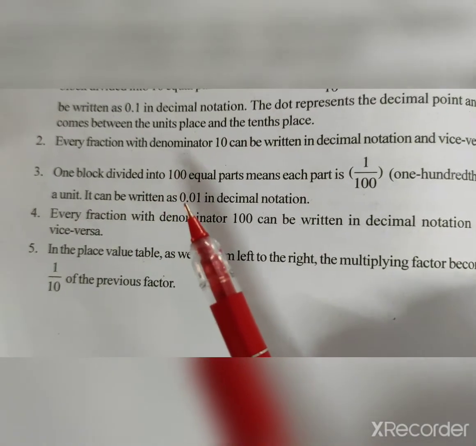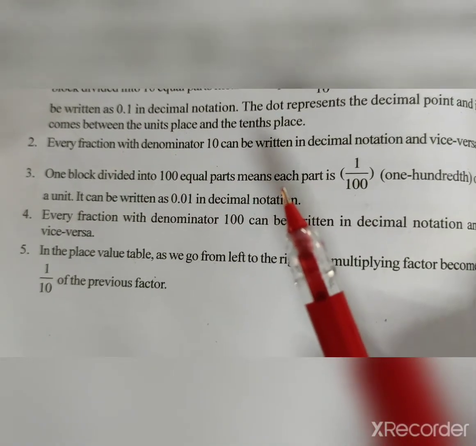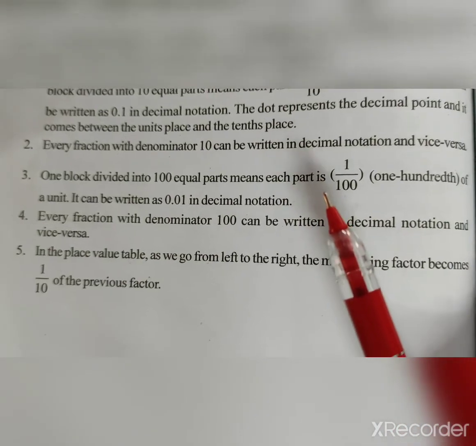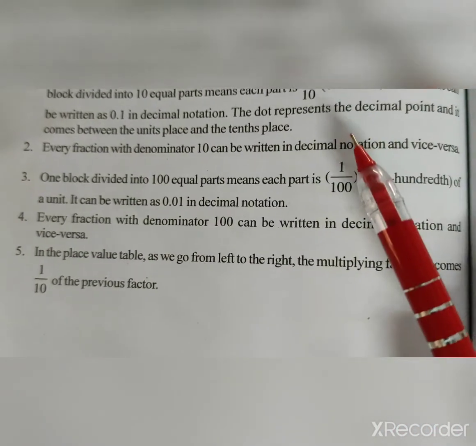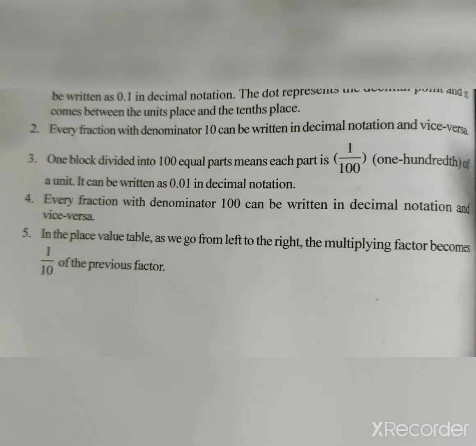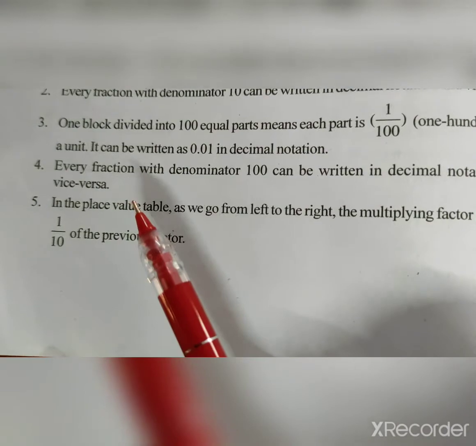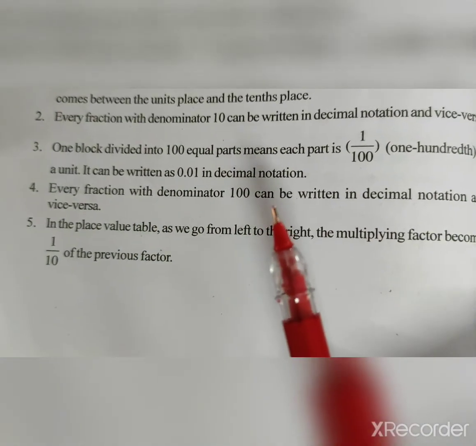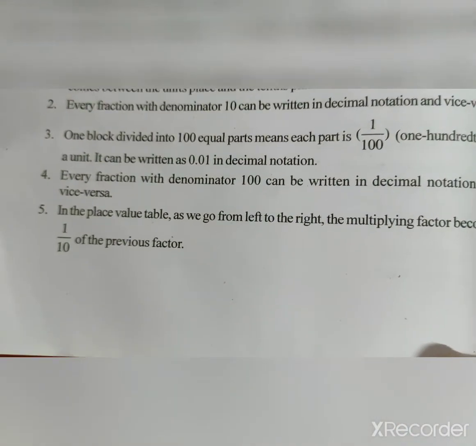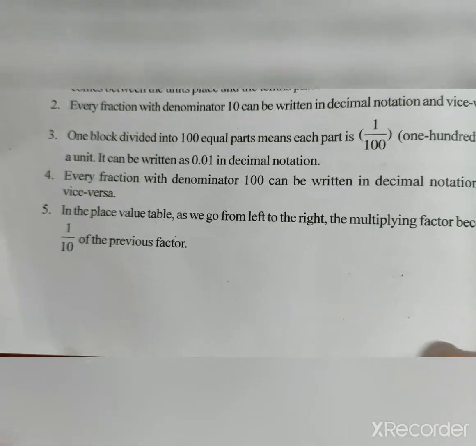One block divided into 100 equal parts means each part is 1/100th, that means 1 upon 100 of a unit. It can be written as 0.01 in decimal notation. Every fraction with denominator 100 can be written in decimal notation and vice versa.